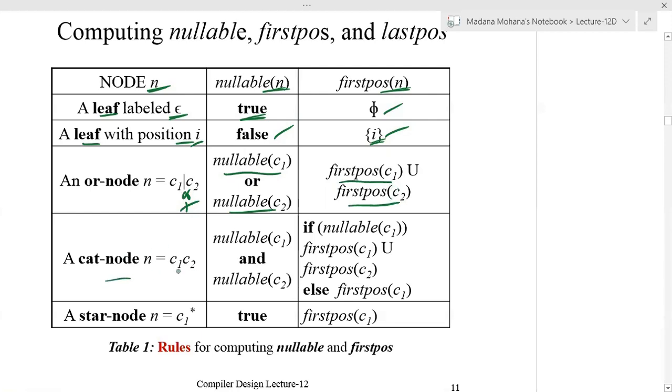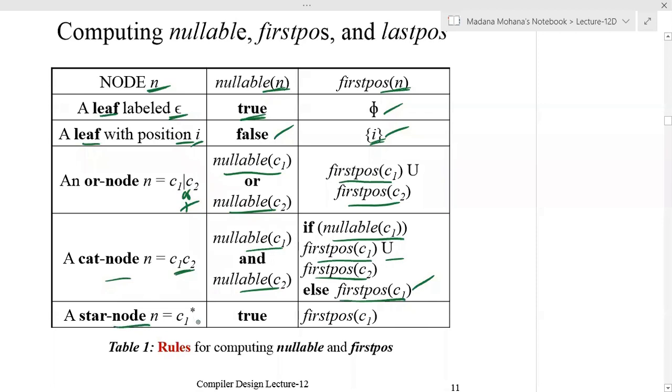Then for the cat node, denoted with concatenation C1 C2, both children should be nullable for it to return true: nullable of C1 and nullable of C2. Whereas for first position values, there are two cases. First case, if C1 is nullable, then we consider first position of C1 union first position of C2. Otherwise, that means C1 is not nullable, then we take first position of C1 as the first position of n.